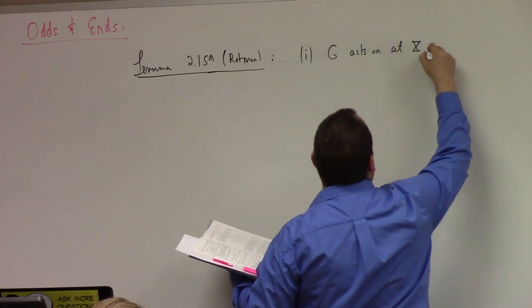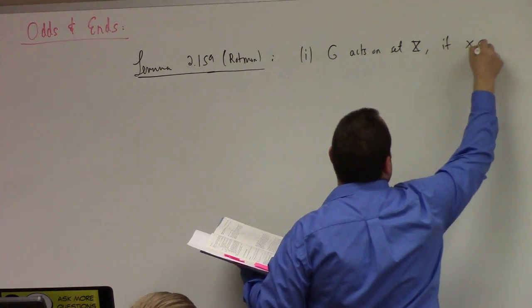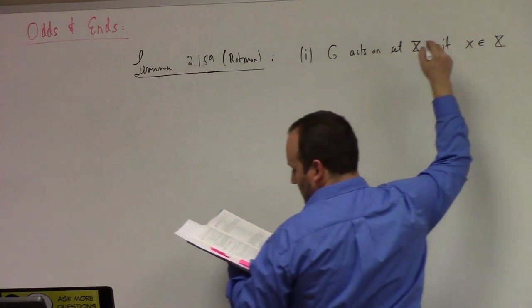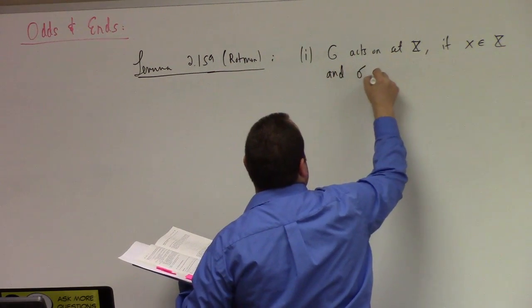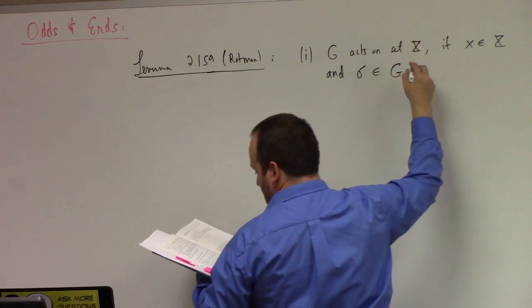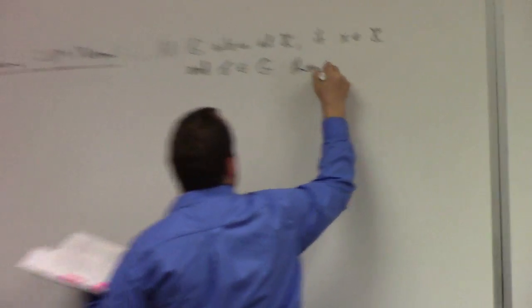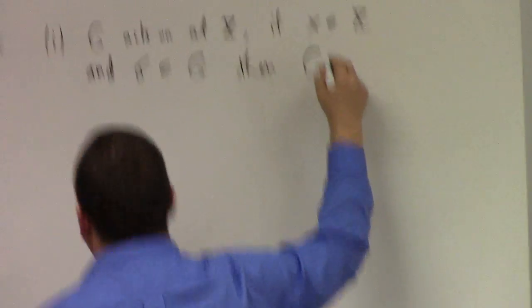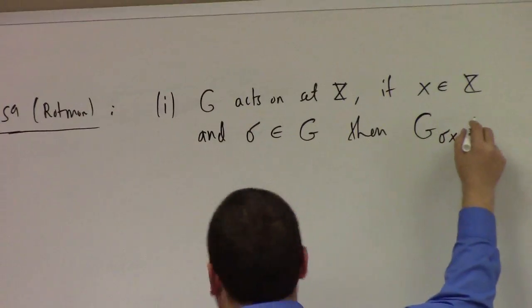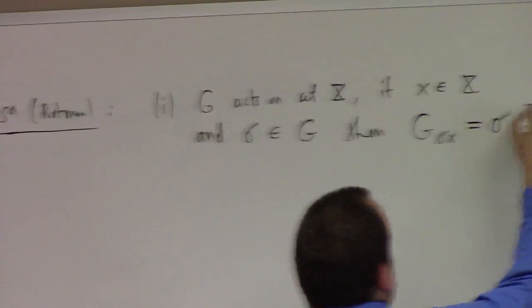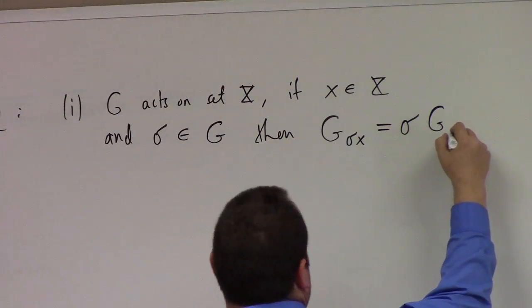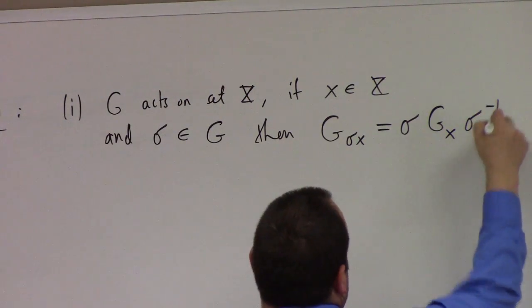If x is an element of big X and sigma is an element of the group, then the stabilizer of sigma x is equal to the conjugate subgroup to the stabilizer of x by sigma.